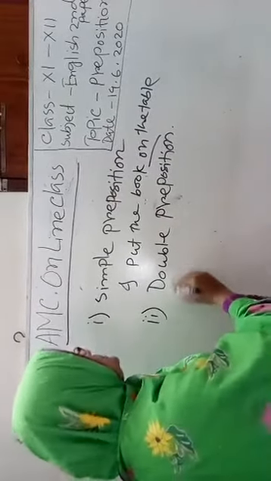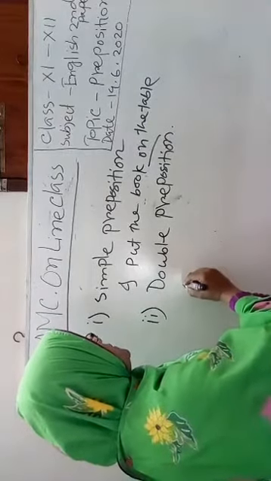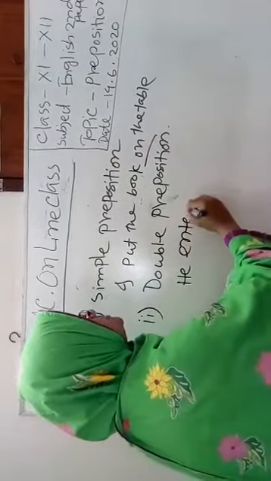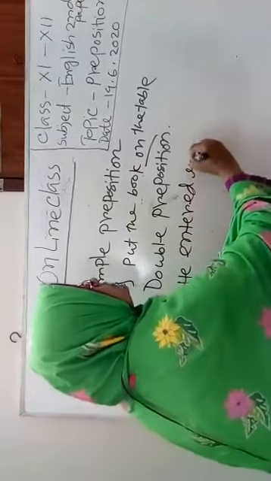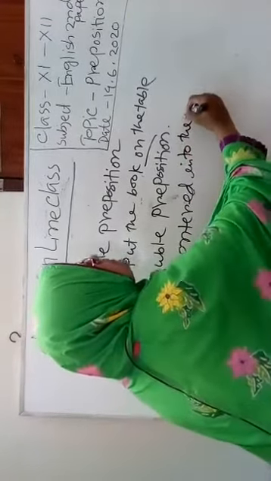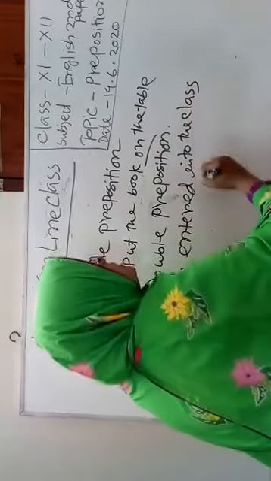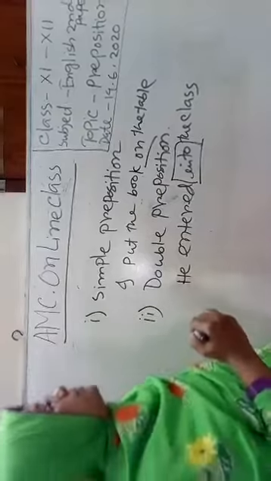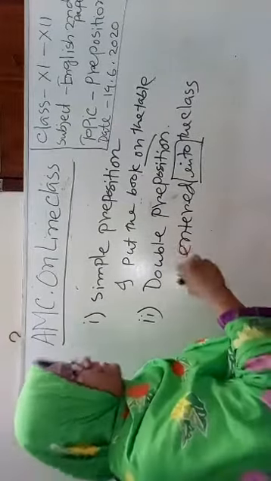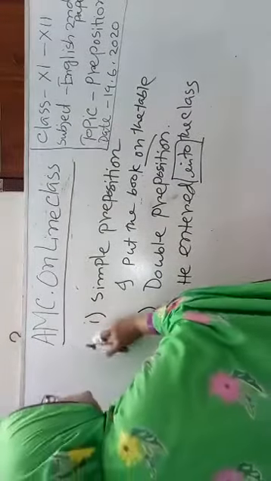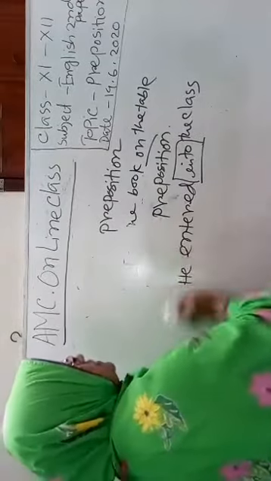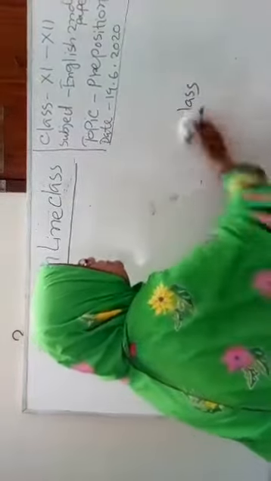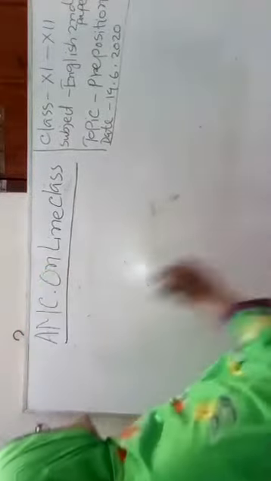Say for example, he entered into the class. We see this is the combination of two prepositions and the meaning is totally undivided. That means a new meaning is also given by double preposition.